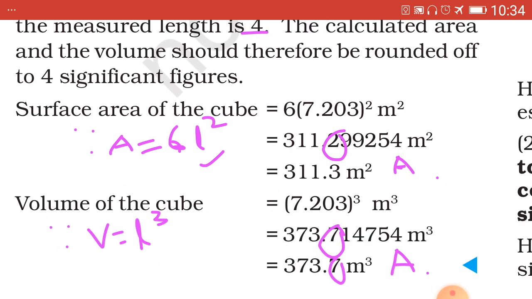Meter square is the unit. So 311.3 is a total of 4 significant figures. Previously the exact answer is 311.299 and so on. Now here after the decimal 2 digits are there, and after 2, 9. We want to write the answer in terms of 4 significant figures only.